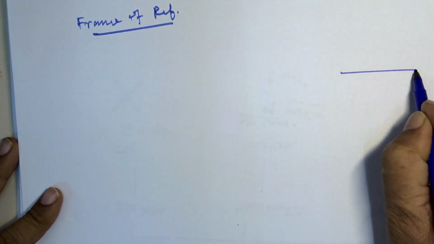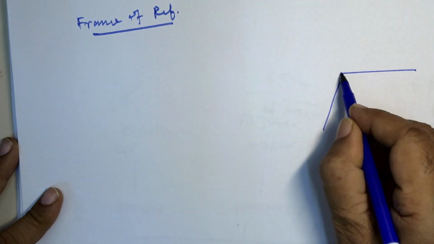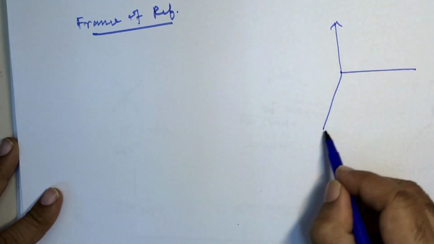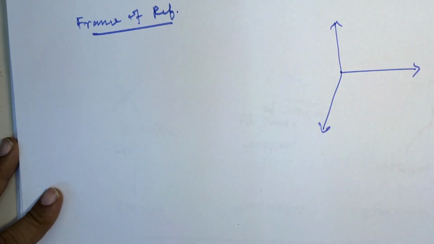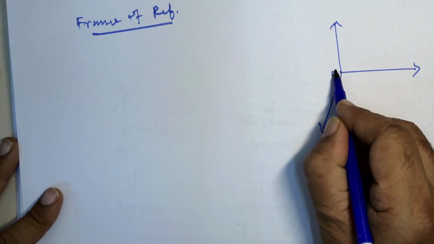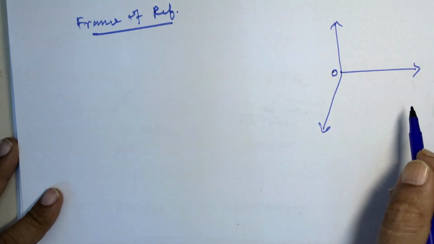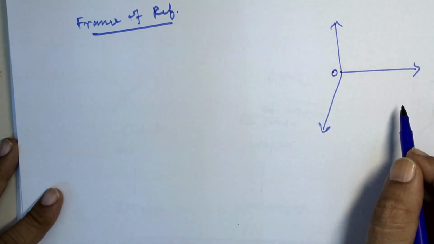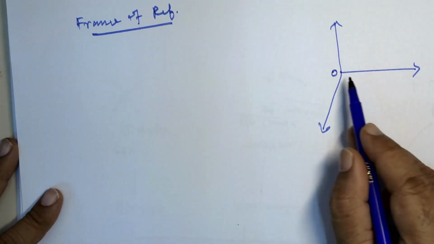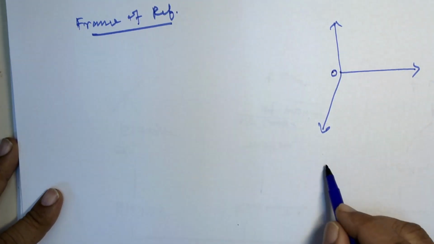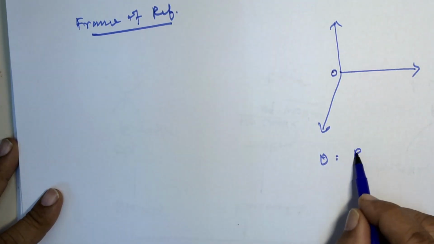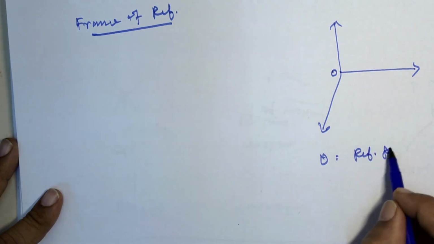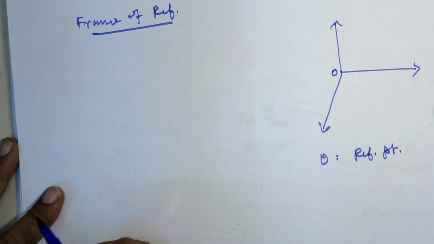It means we have the x-axis, y-axis, and z-axis. Here the origin is represented as O. This origin is the reference point.